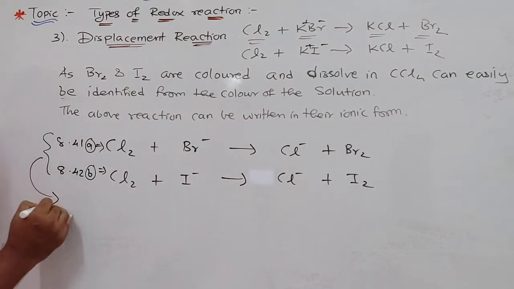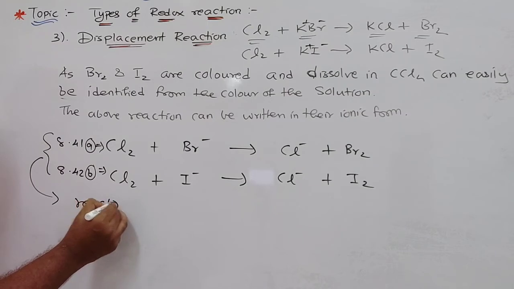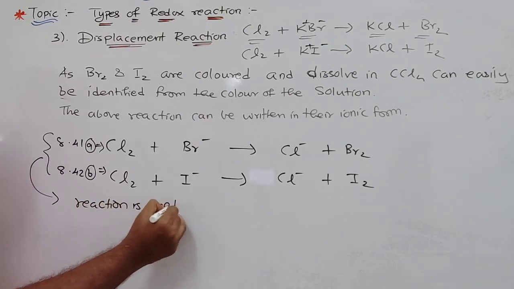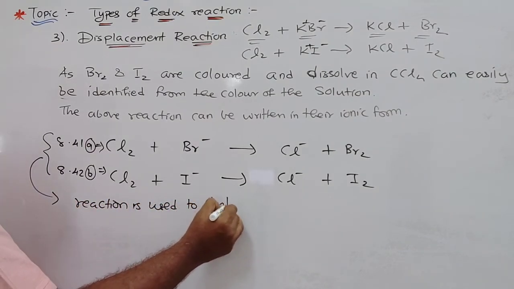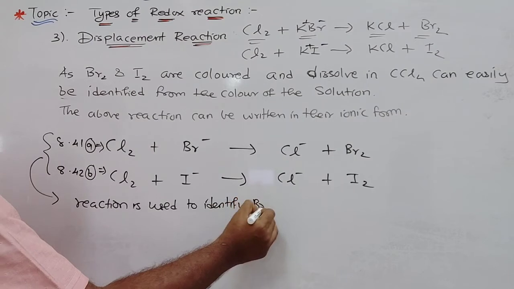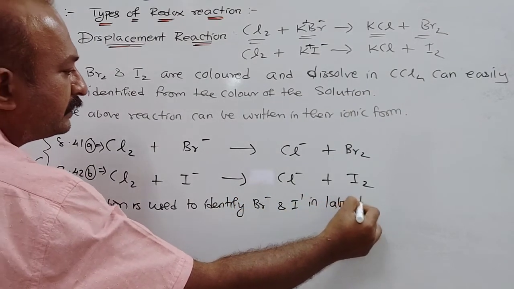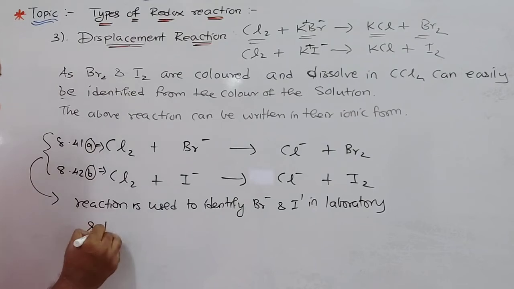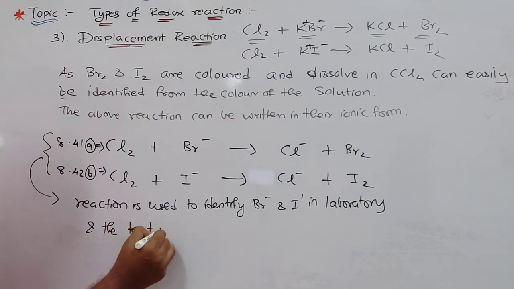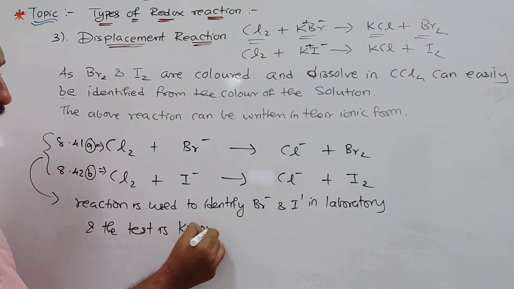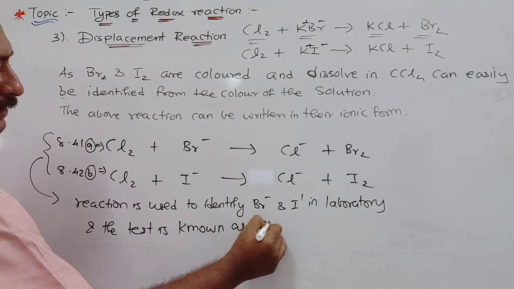These two reactions are used to identify Br minus and I minus in the laboratory, and the test is known as the layer test.